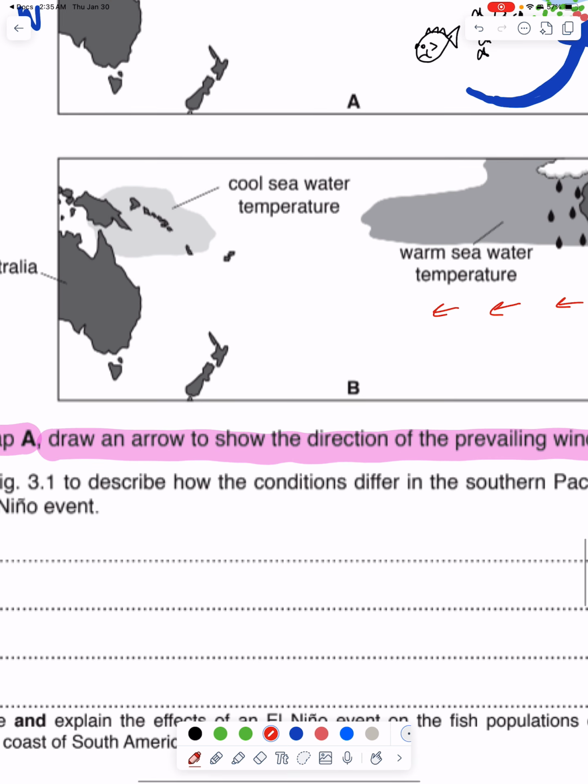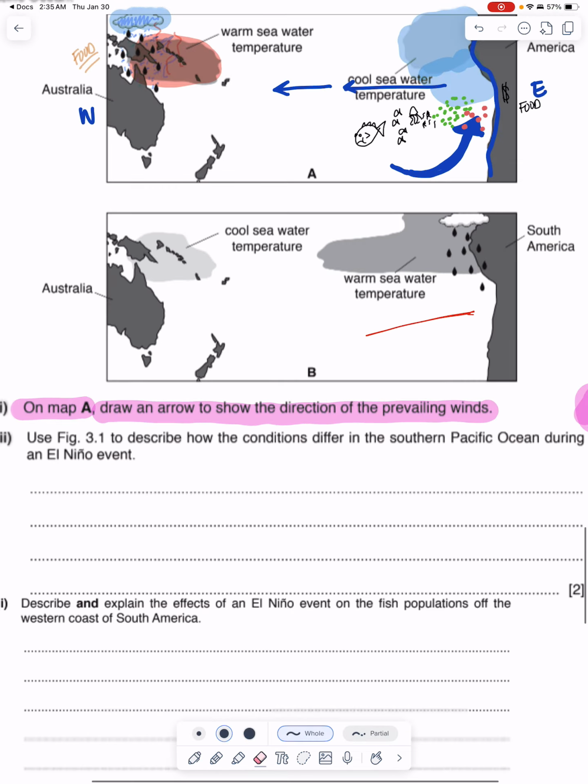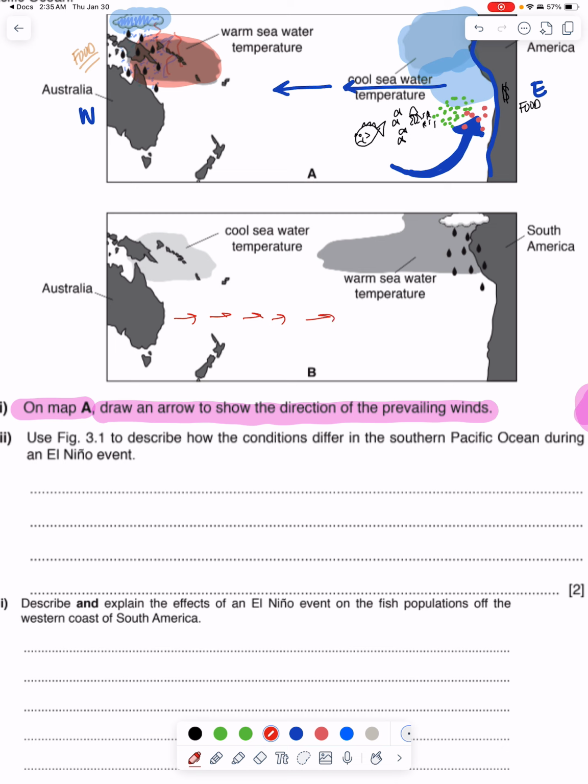Or another thing that will happen is the trade winds reverse. And so instead of going east to west, they go this direction. All right, regardless of what direction you would respond with on your exam, the results are going to be the same.